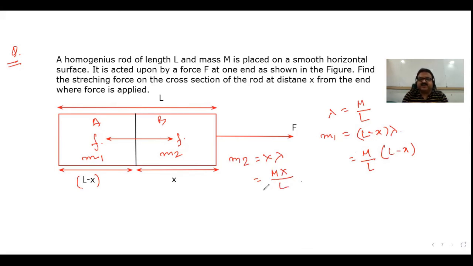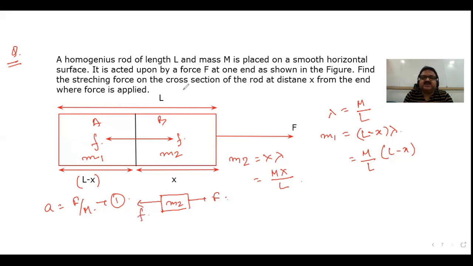Now apply the same concept again. What is the acceleration of the system? a equals F by the mass of the system, F by M. This I require, number one. Number two, look, what is the free body diagram of M2? F is acting towards right and small f is acting towards left, and the system is accelerating towards this direction, so this is a.